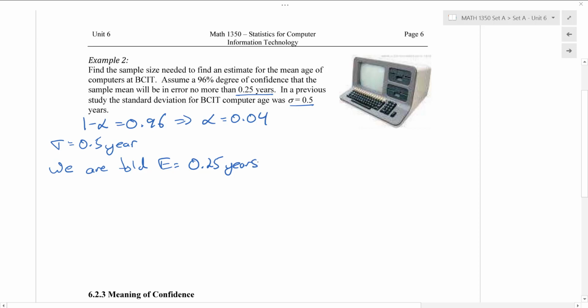So imagine you're trying to estimate the mean age of computers, and you know before you do the study that you're going to accept an error up to a quarter of a year.